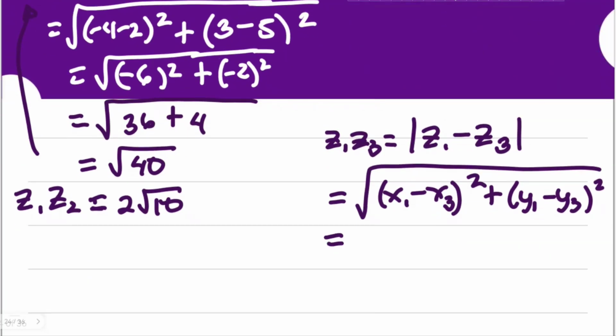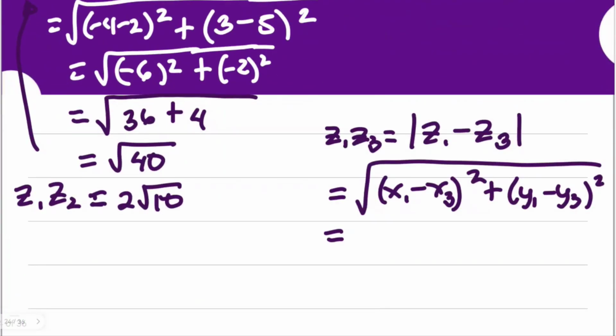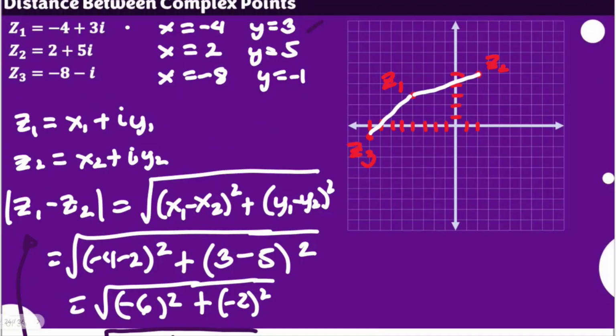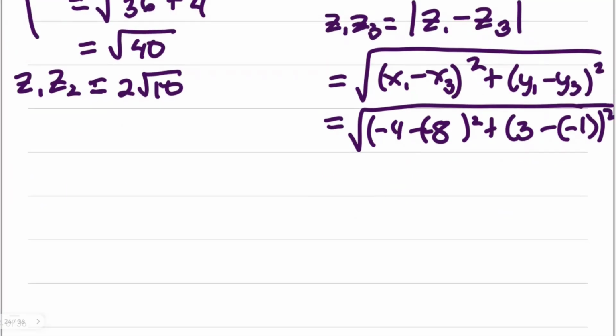The components for our z sub 1 are negative 4 and 3, and then you have 8 and negative 1. So minus 8, then minus negative 8. Take note of that. Minus negative 1.